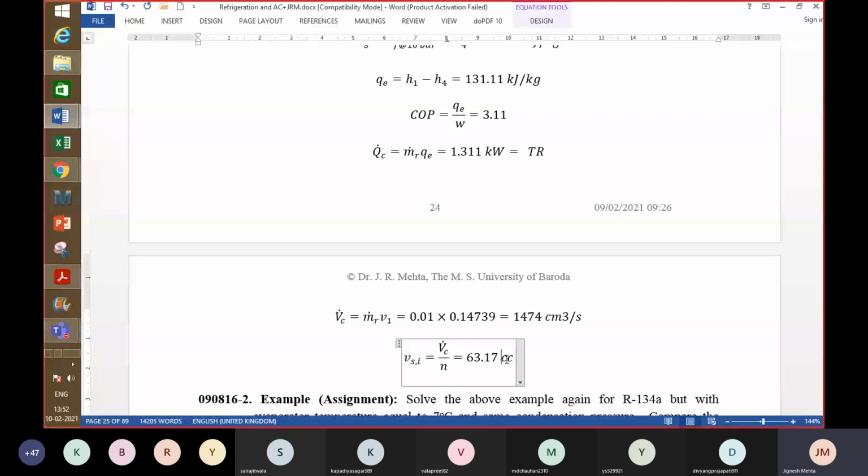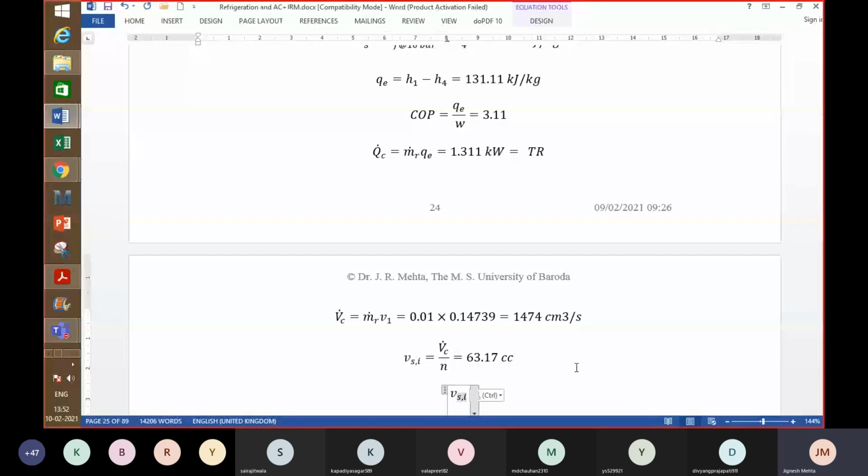So the actual swept volume that you should provide would be this number divided by 0.8, right?